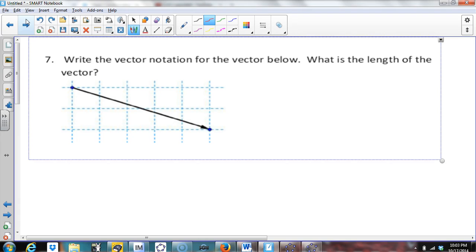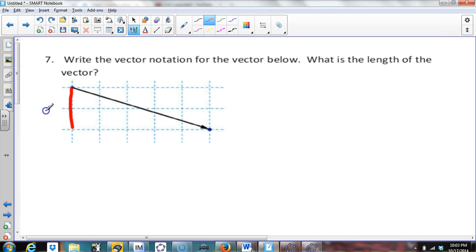Okay, and then number 7, write the vector notation for this vector below. What is the length of the vector? So just like on number 6 here, if you think about this point here translated to this point by going down, looks like 2. Okay, and then going to the right, 1, 2, 3, 4, 5.